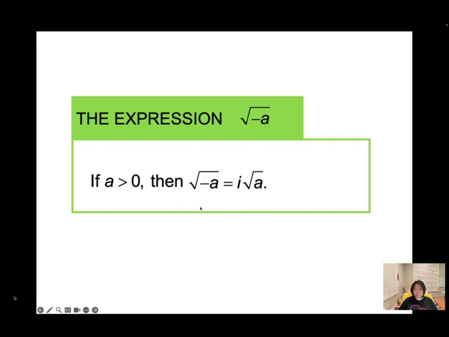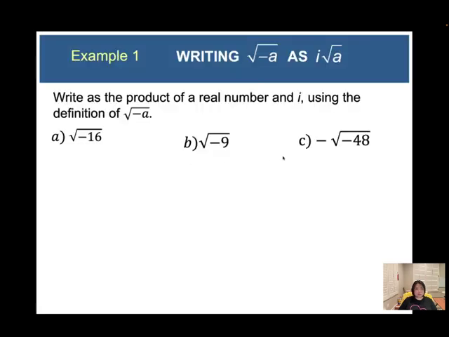I need you to highlight this one. For example, we break it down as the square root of negative 1 times the square root of 16. The square root of negative 1 is i, and the square root of 16 is 4, so that is 4i.